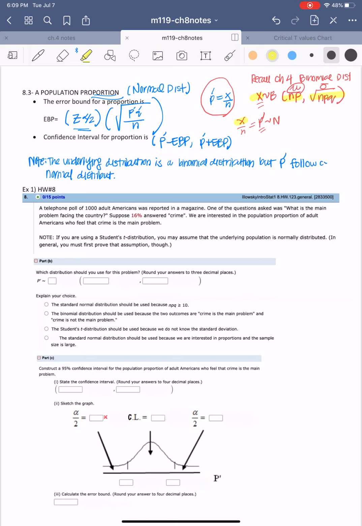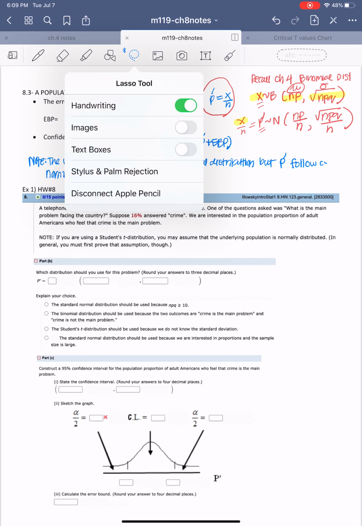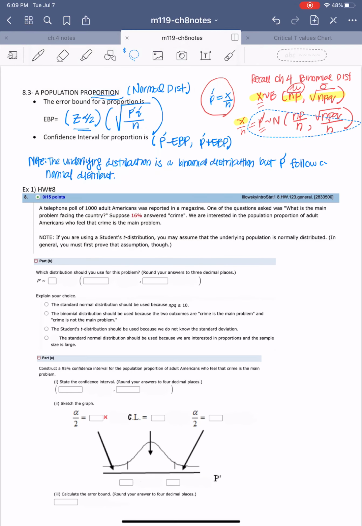How do we get the p hat? Just divide by n. So wherever you see np, just divide by n to match that up. npq divided by n. And this will be useful when we define the notation right here in part B. Okay, right there. So that's how you calculate the mean and the standard deviation.